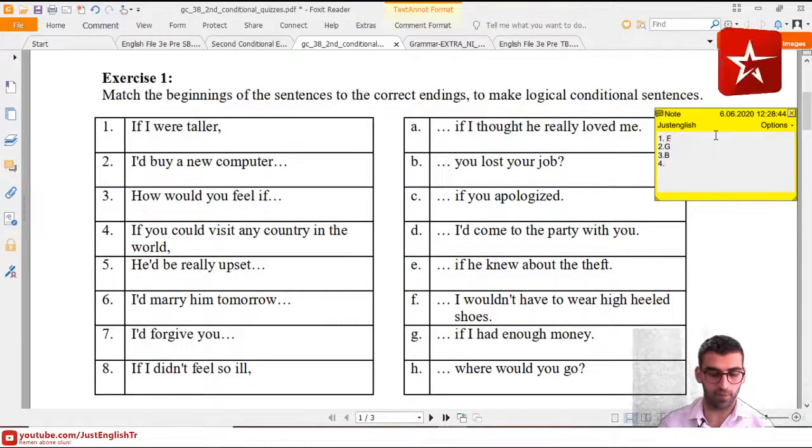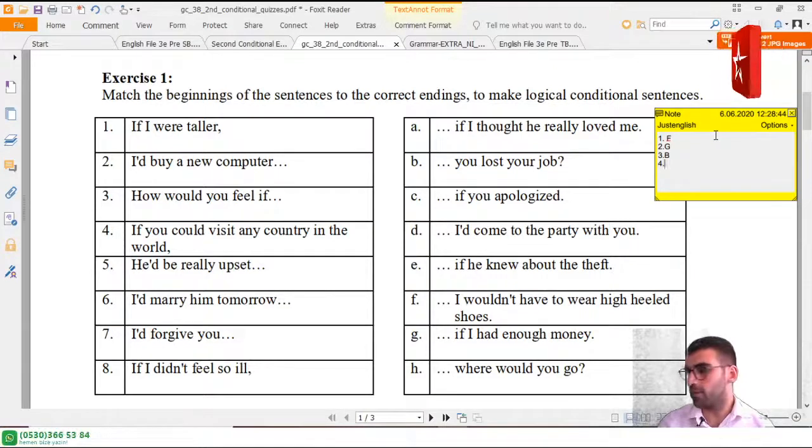Where would you go? I would go to South Korea. Gustav says, why South Korea? I think you're really interested in their language or their culture. That's why you choose South Korea.